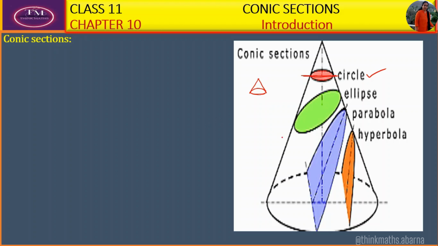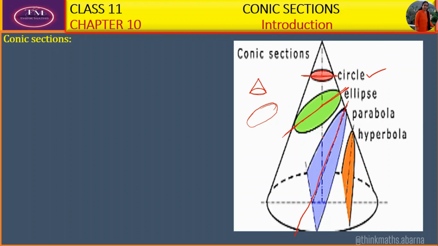Now, if you cut the cone in this way, then you get the shape of the ellipse. This oval shape is the shape of the ellipse. Now if you cut the cone here, this way, then you get the shape of a parabola.